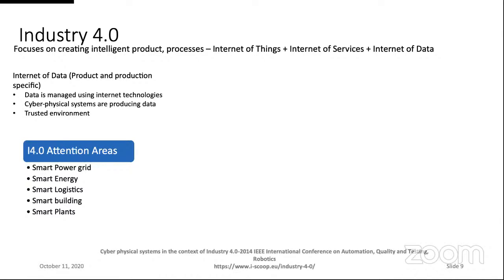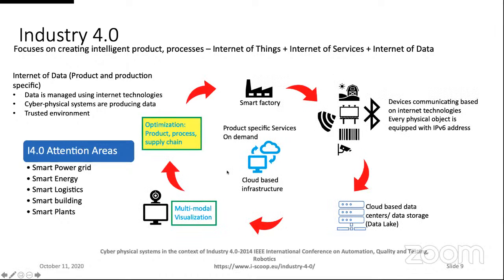IoT and Industry 4.0 are gaining momentum in areas like smart power grid, smart energy, smart logistics, smart building, plants, and so on. A small picture of this could be like this: in the so-called smart factory, there are smart devices which are able to communicate with each other through IP, for example, and they send data which is stored in a really large edge and cloud-based data center, often called a data lake.